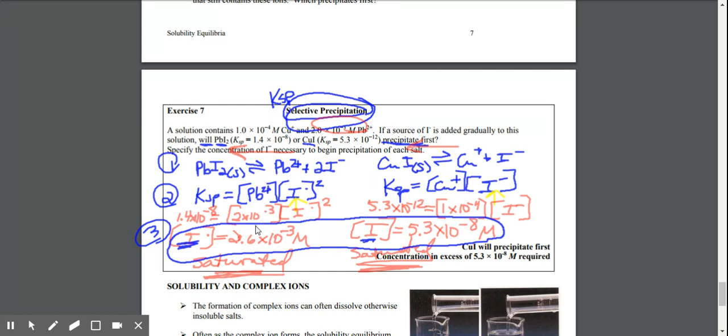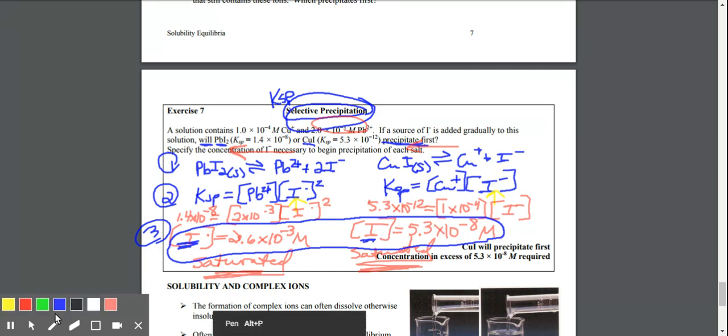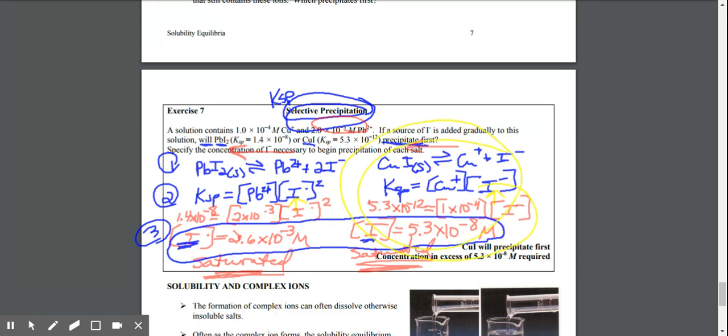Over here, I have to add 2.6 times 10 to the negative 3rd to get it to start forming a precipitate. So which do I have to add less of? That would be this CuI. Because I have to add less CuI, or the I minus I should say, that one will be the one to precipitate first.